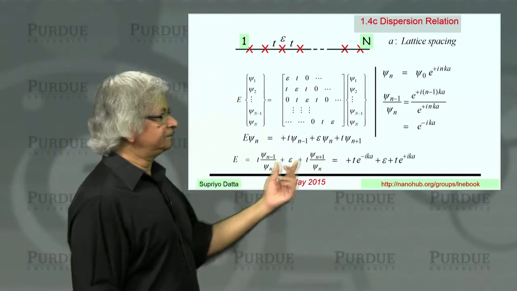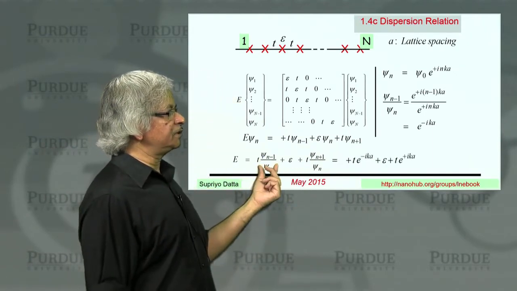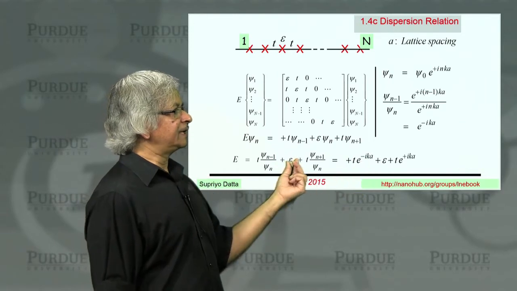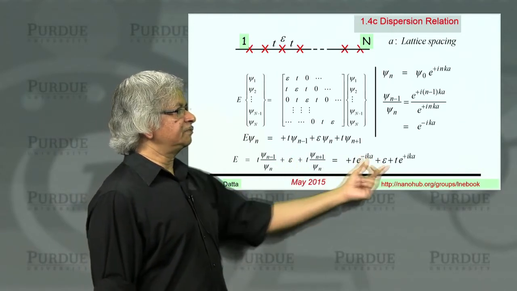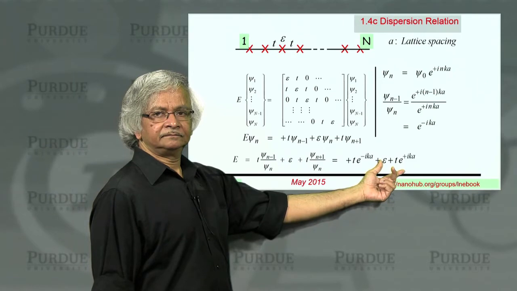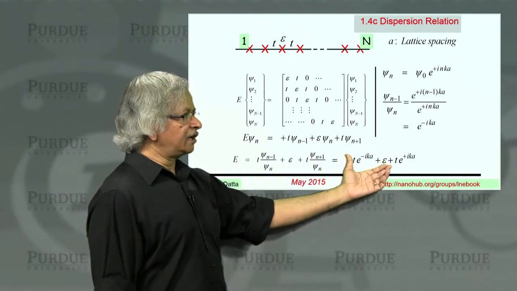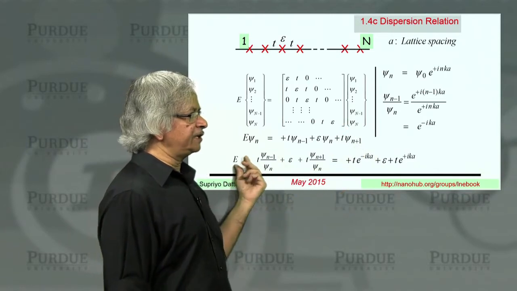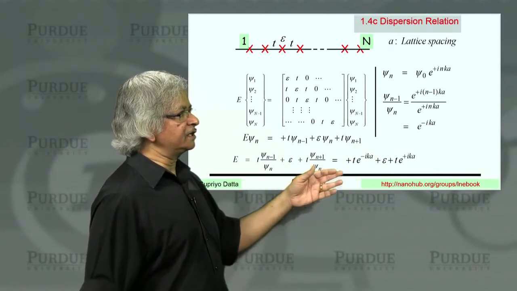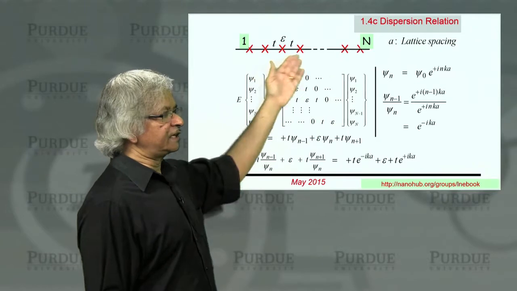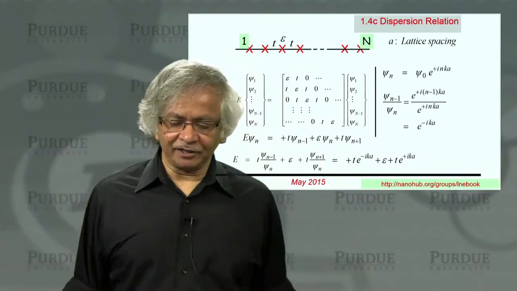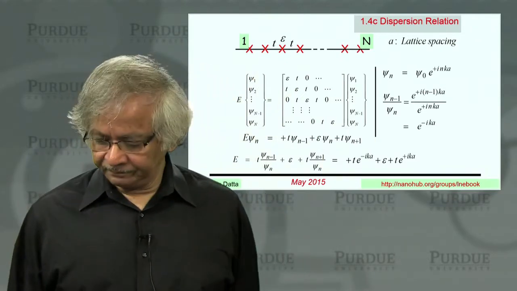So if you put that in, this becomes t e to the power minus i k a plus epsilon plus t e to the power plus i k a. Right? So E is equal to that. And as long as your k and E are related by this relation, the point is you have found a solution to this entire large set of equations, analytically.